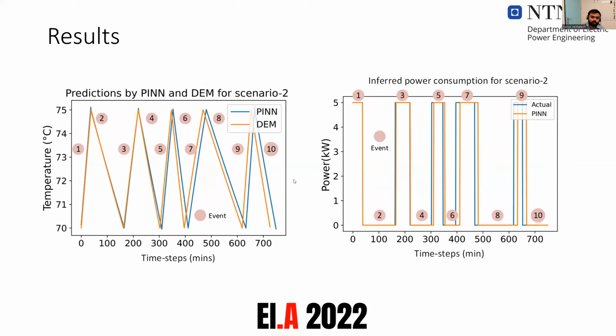So this is the result for the second scenario. As you can see, there is a little bit of lag in the PINN prediction. This is mainly due to the propagating error from recursive prediction. However, this is a well-known issue in recursive predictions, and there are some methods to rectify it as well.